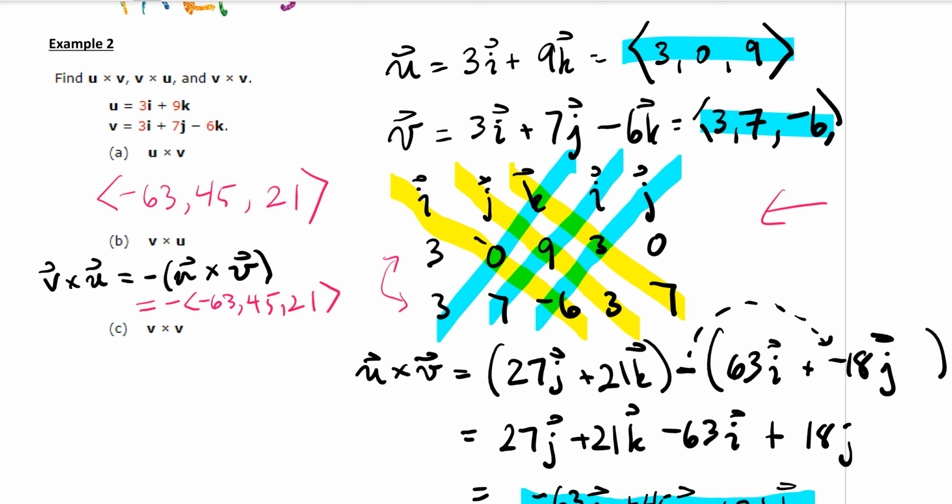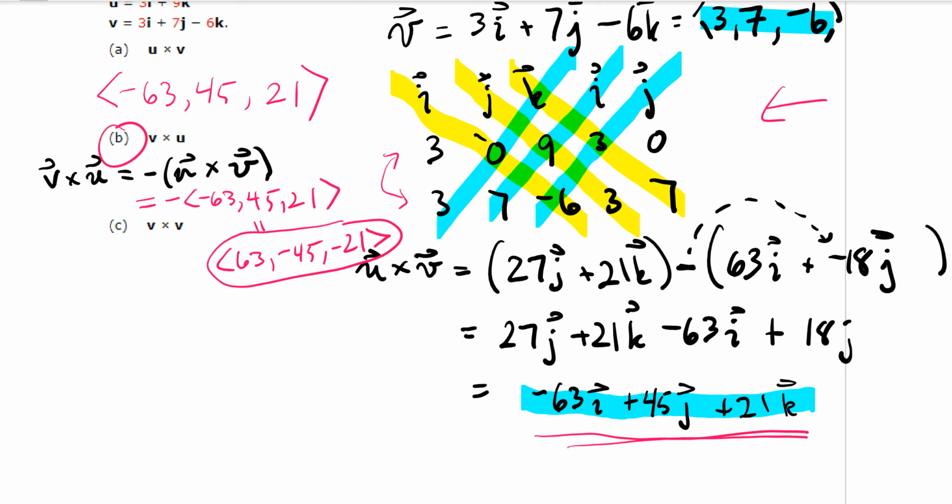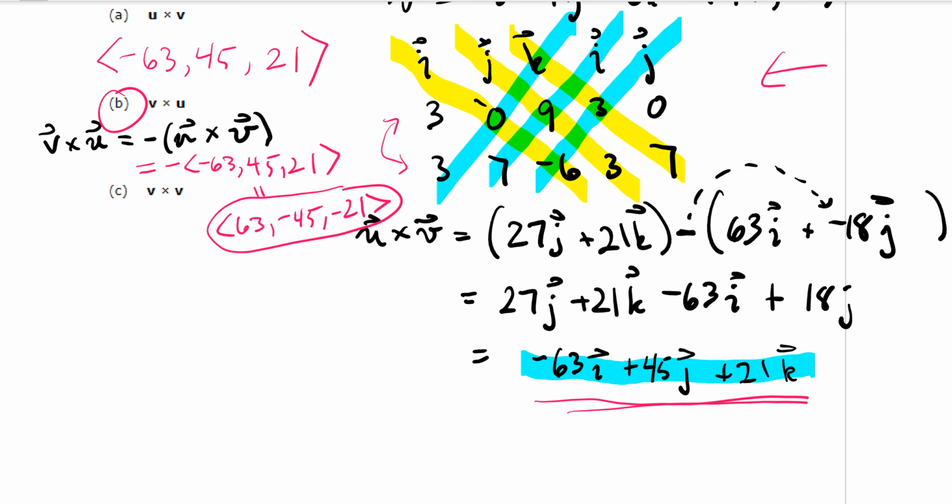And that would be change all the signs inside: 63, comma, negative 45, comma, negative 21. That vector would be the answer to part B. I was too squeezed up, but what you're doing is changing all the signs in u cross v to get v cross u, which is always kind of fun, I think.